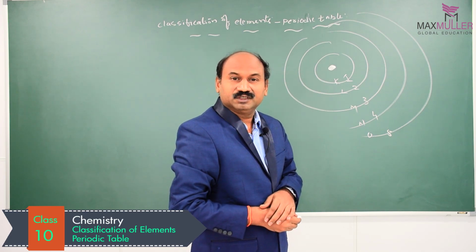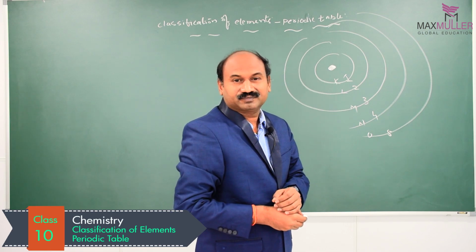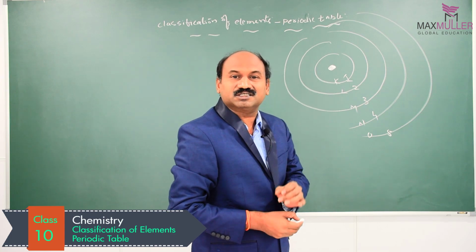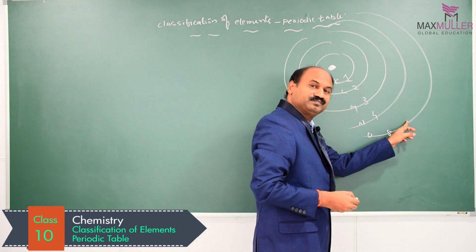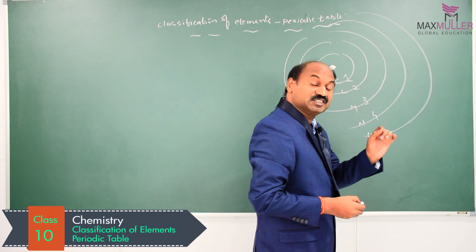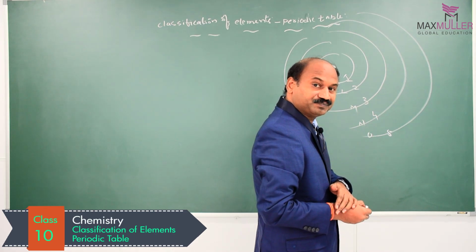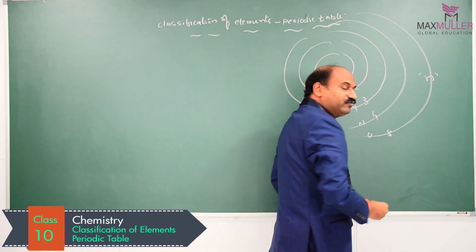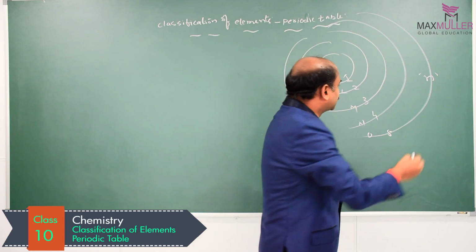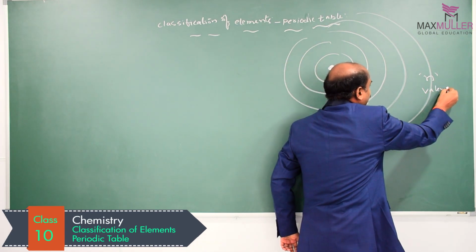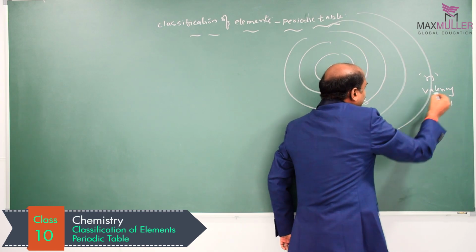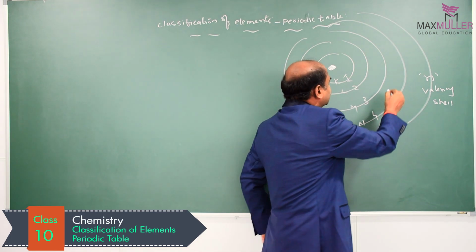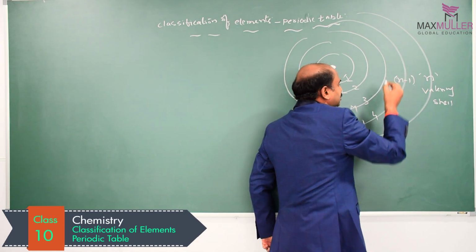Now, for an atom, the last shell which is filled with electrons is called the valence shell. The valence shell is generally denoted with small n. This is the valence shell. The last but one shell is called the penultimate shell, which is denoted as the n-1 shell.